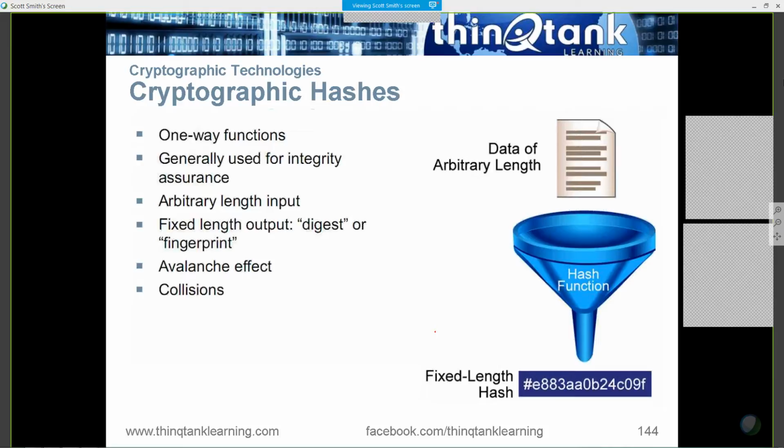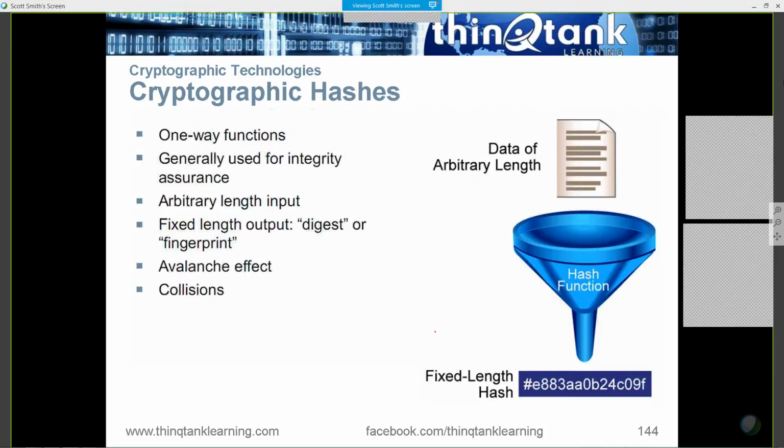The arbitrary data that goes into the hashing function is called your plaintext, and the output is called your ciphertext. And this ciphertext output, it's also called a MAC, all right? Not media access control, but message authentication code. And that MAC is a fixed length.